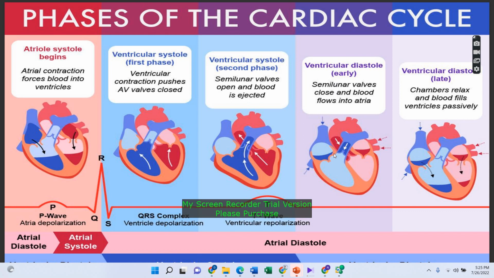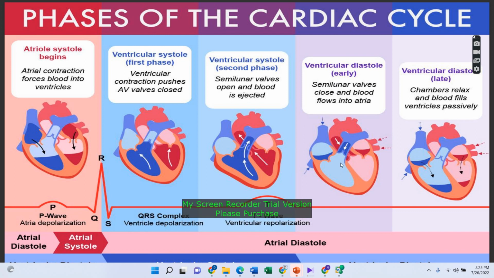So the semilunar valves are closed and blood flows into the atria. Here these semilunar valves get closed, right? So blood flows into the atria. Now this ejection phase is over. The semilunar valves are closed, blood is flowing into the atria, and the ventricles are in the relaxed form. That means diastole, right?